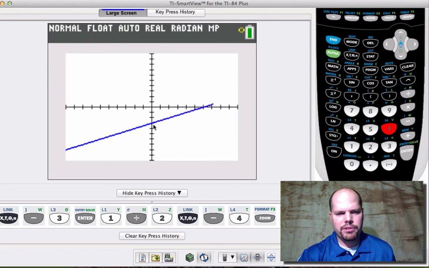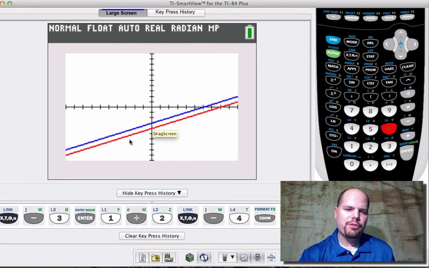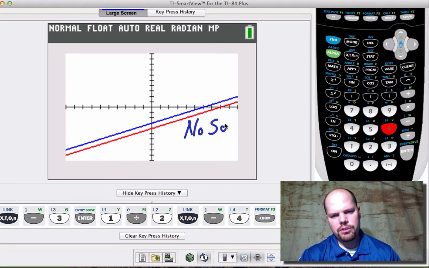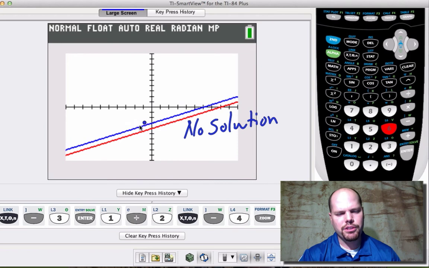And we have a y-intercept of negative 3, slope of 1/2, and a y-intercept of negative 4 and a slope of 1/2. So as hopefully you reminded yourself, if you have the same slope, you have parallel lines, and parallel lines do not intersect. So in this case, there is no solution. You'll not find an xy ordered pair that will work for each equation because they're parallel lines with no intersection.